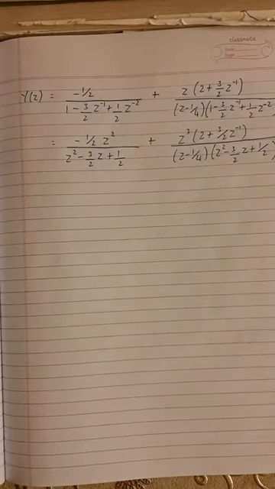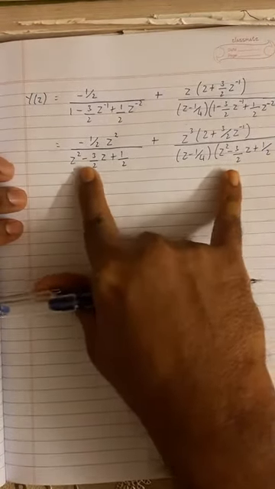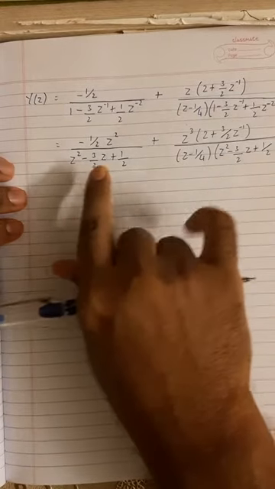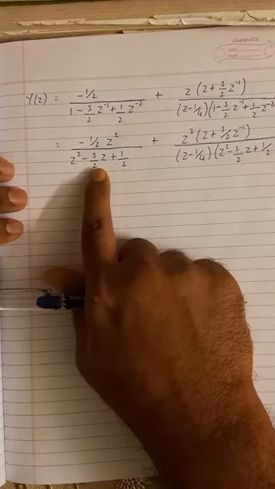Now I'm going to factorize these two. I already know the values for the factorization: it is z minus 1 and z minus 1 by 2.